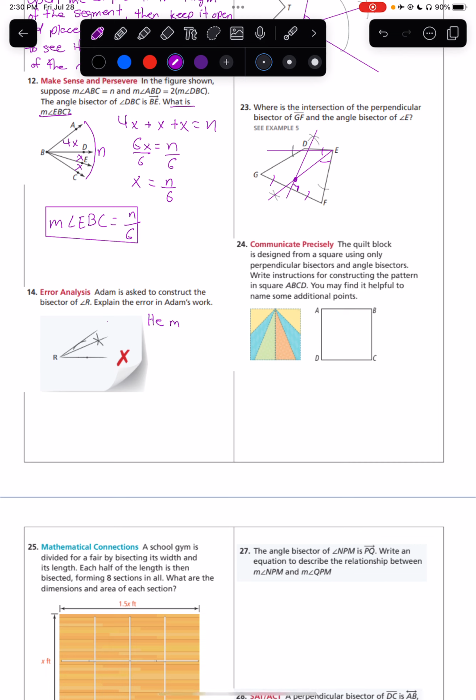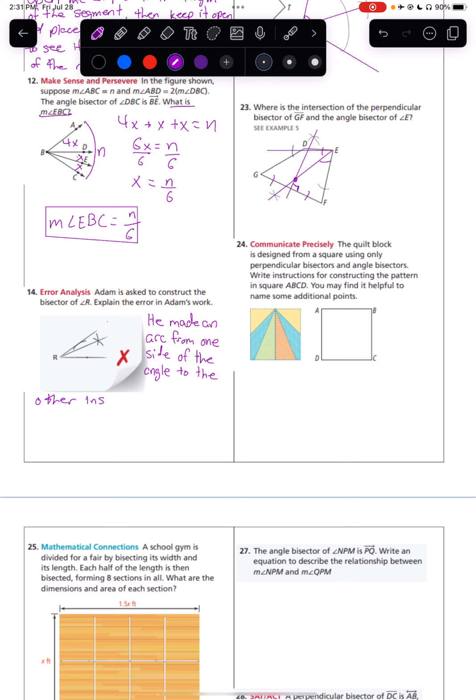He made an arc from one side of the angle to the other, when what he should have done was put the compass point on R and made an arc through both sides of the angle.